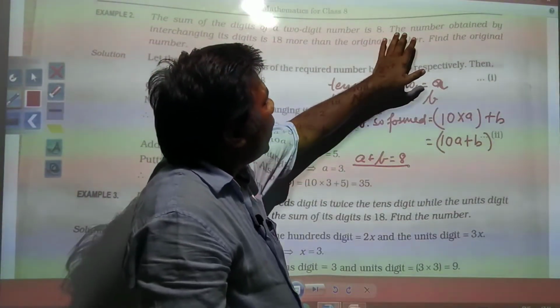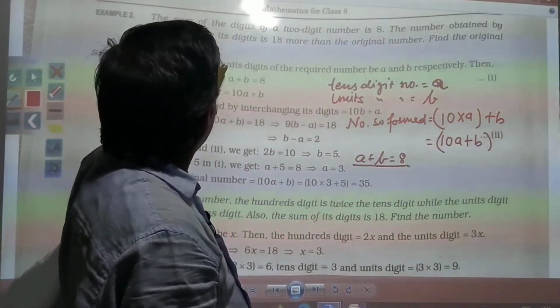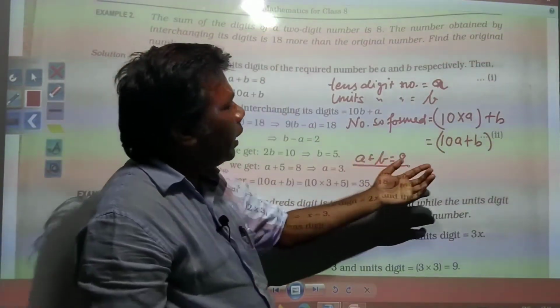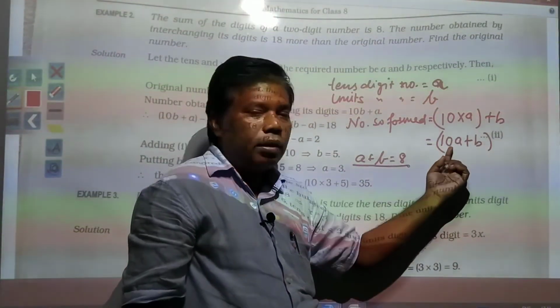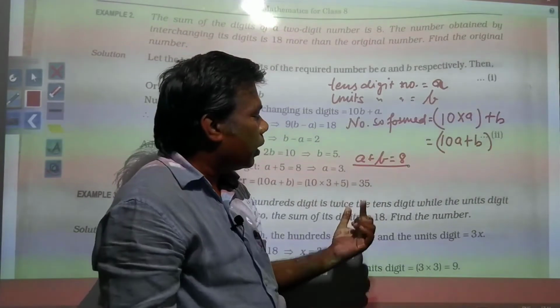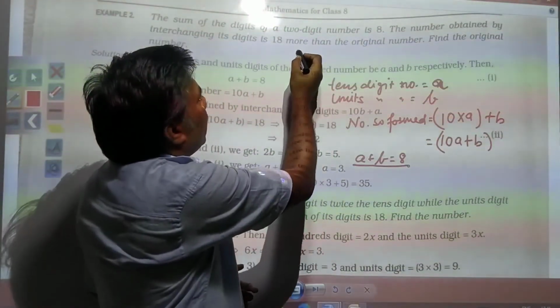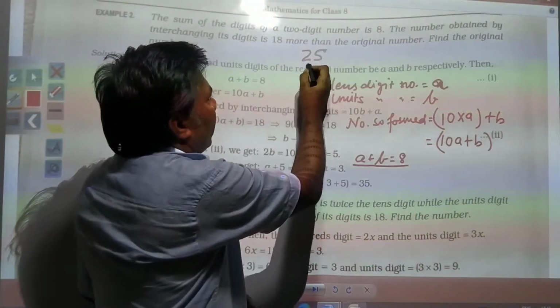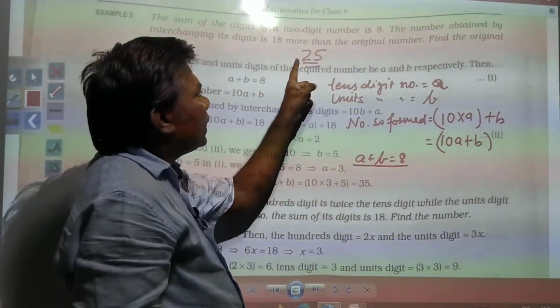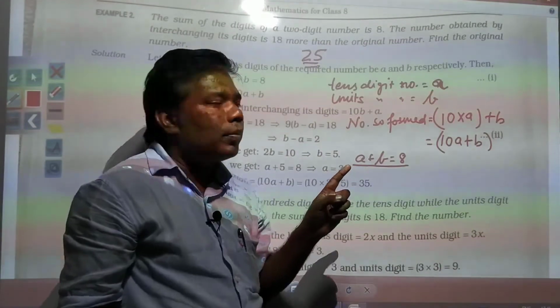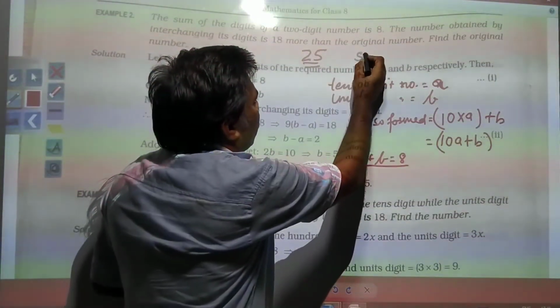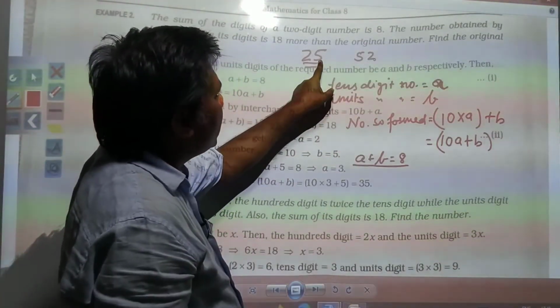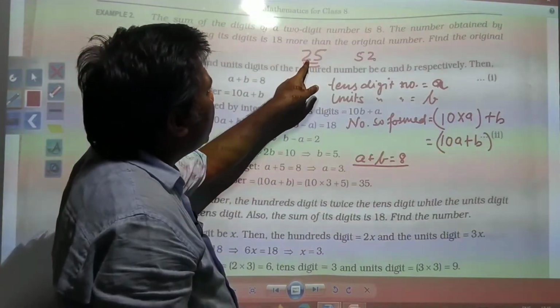The second condition is the number obtained by interchanging its digits. Interchanging means what? Suppose you take any number, say 25. If you interchange it, the number will become 52, because the ones digit is 5 and the tens digit is 2.